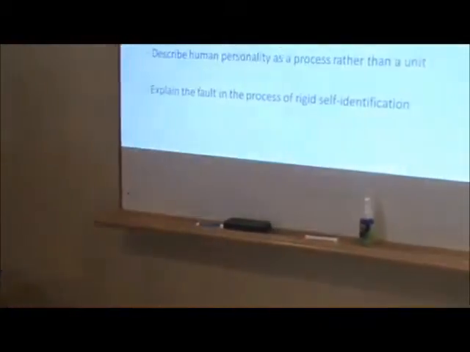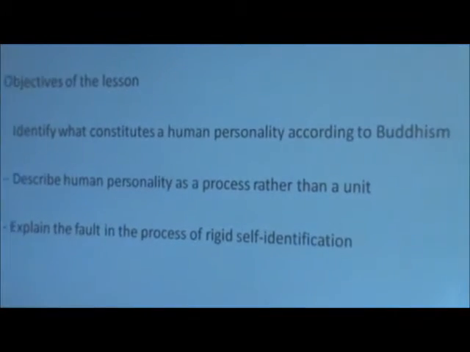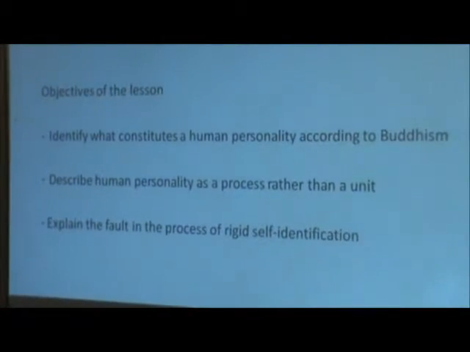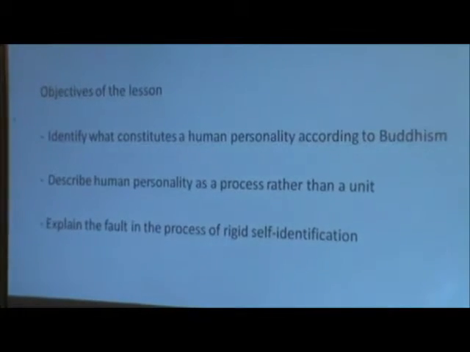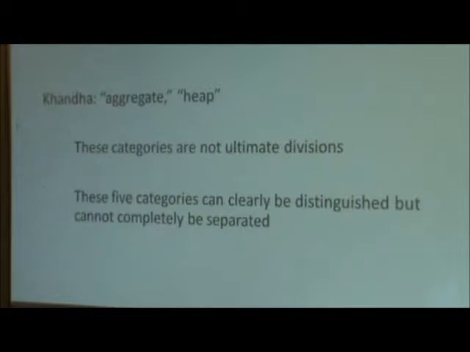I hope that at the end of this lesson you will be able to achieve these 3 goals. I think we included them in the lesson. We will revisit these objectives at the end of the lesson and see whether we have achieved them.